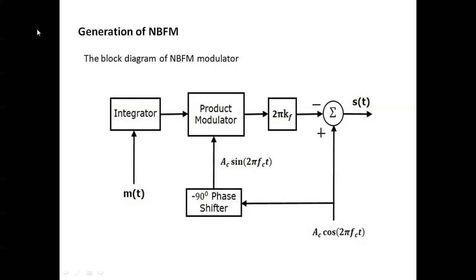That is one input of the summation. The other input is the carrier signal, taken before the 90-degree phase shifting. The carrier is added, and the final output you get is nothing but narrowband FM.